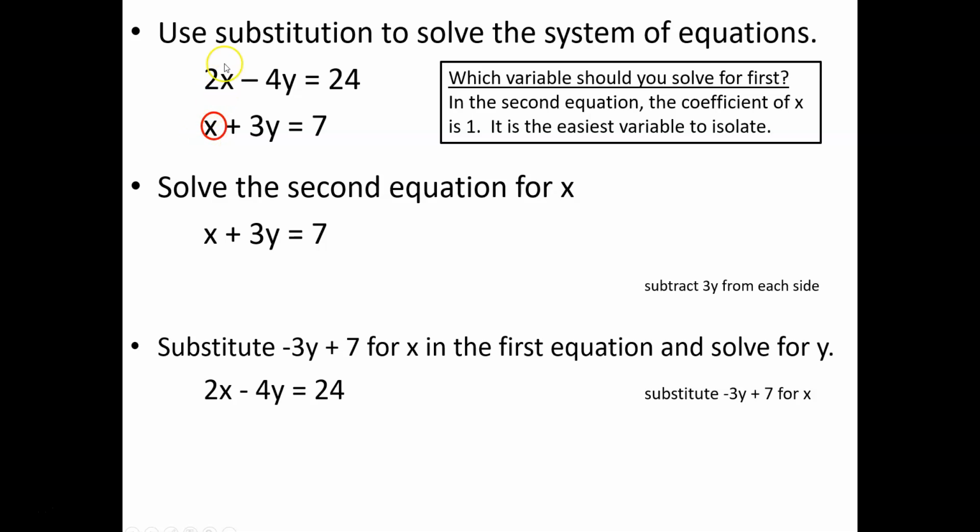If we picked this X, we'd have to divide everything by 2. This one, we'd have to divide everything by -4 to get the Y by itself. And this one, we'd have to divide everything by 3. And yeah, that would cause fractions. I hate strawberries, but, come on. Let's make it an easy way of doing things.